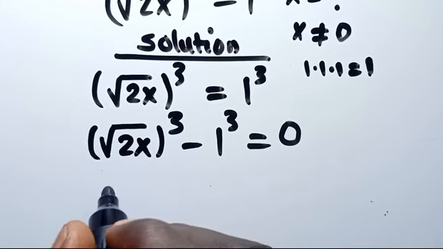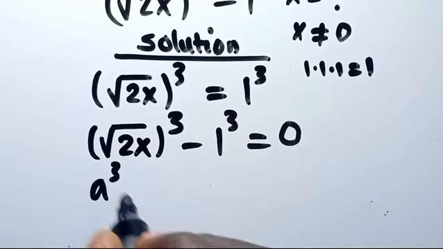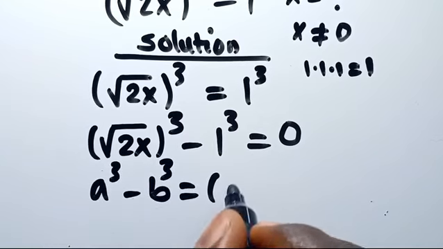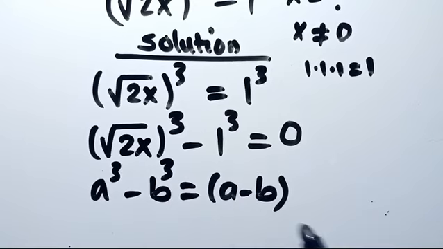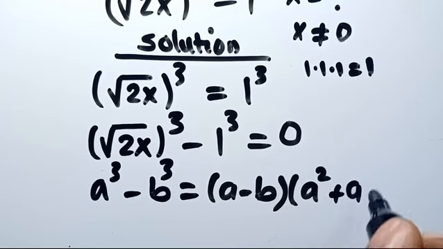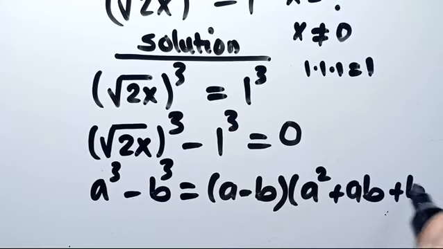Then let us recall, when we have a to the power of 3 minus b to the power of 3, it equals a minus b times a squared plus ab plus b squared.